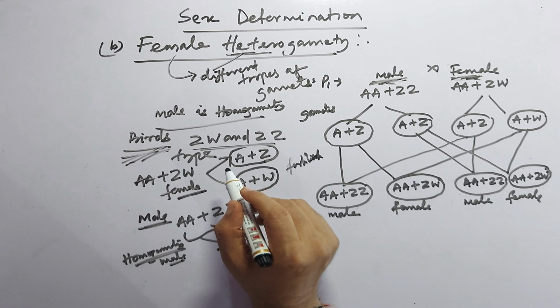Then we will discuss the ZZ and ZO type.